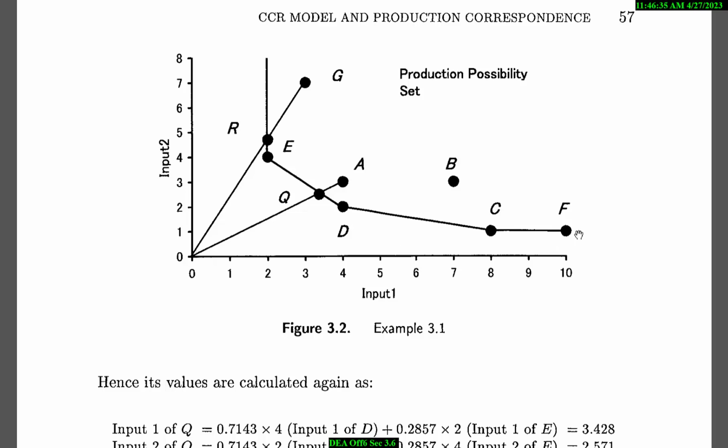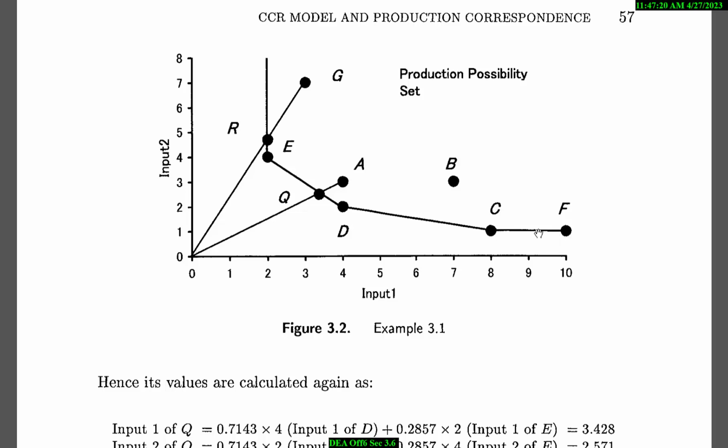The theta star is 1 because we cannot simultaneously reduce the inputs of F, but we can reduce the first input of F. Indeed, if you compare C with F, you can see that the first input of C is 2, smaller than the first input of F, but the second inputs of these two are both 1.